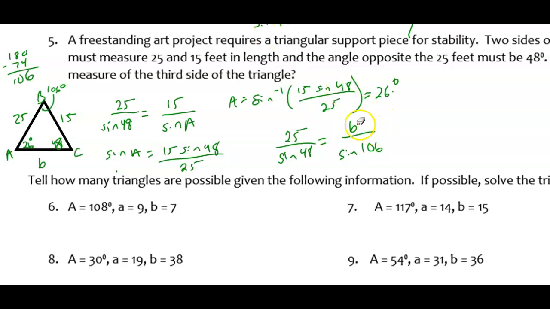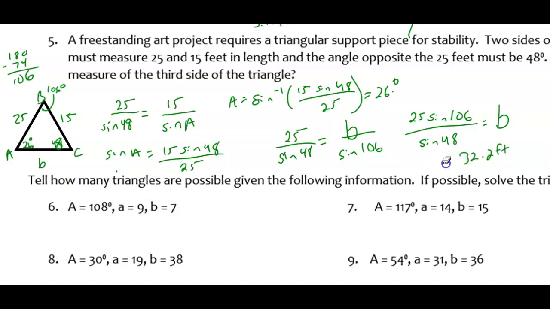So now isolate B. So you have 25 sine of 106 divided by sine of 48 equals B. And then when we solve that in our calculator, we're going to get B is 32.2 feet.